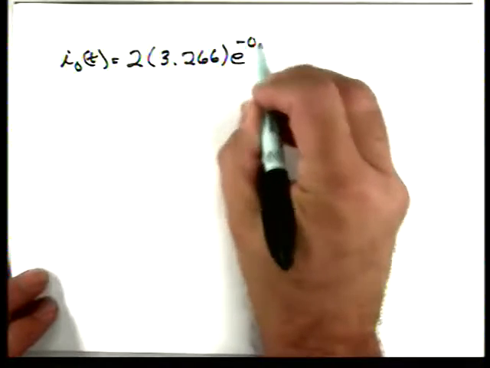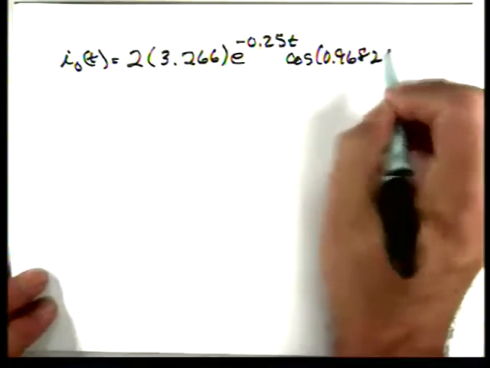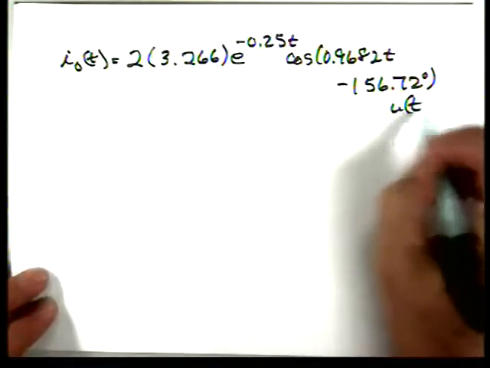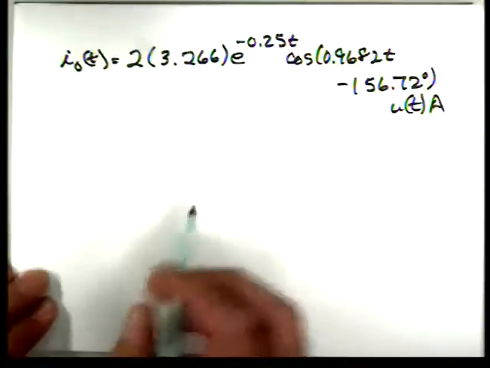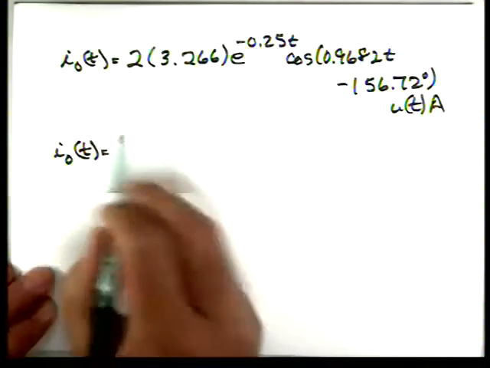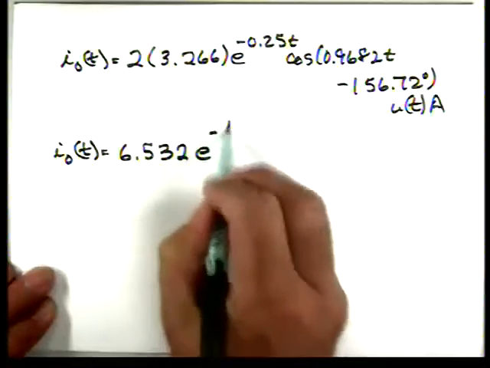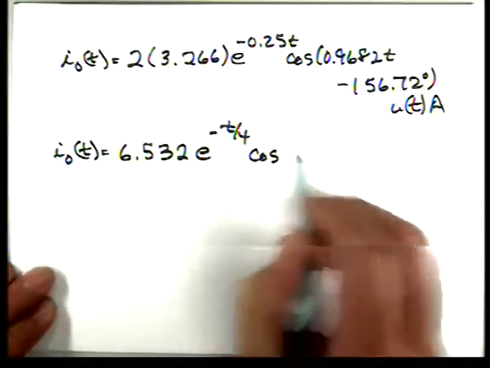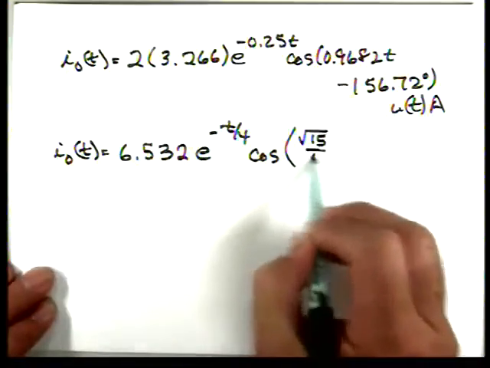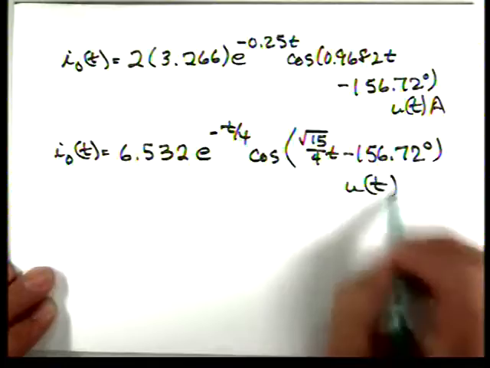We have e to the minus 0.25t cosine of 0.9682t minus 156.72 degrees u of t amps. And if we just write this out, we have 6.532 e to the minus t over 4 cosine, and this 0.9682 is the square root of 15 over 4, t minus 156.72 degrees u of t amps.